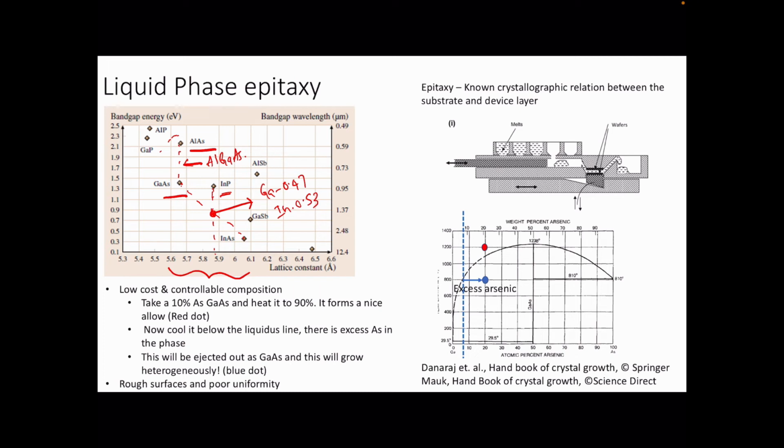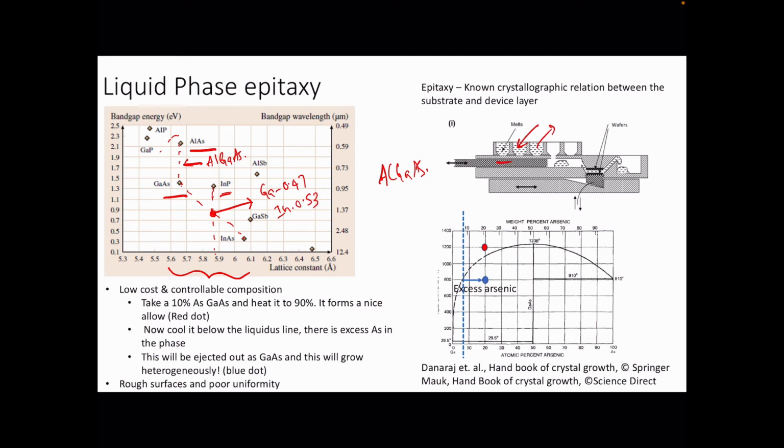Okay. So with these things, let's see how you can grow an epitaxial layer using liquid phase epitaxy. What people do is they take a melt, and let's say if you want to deposit a GaAs layer, they take molten GaAs, or molten AlGaAs, anything with a known concentration in any of these places, and then you introduce the substrate right below this.